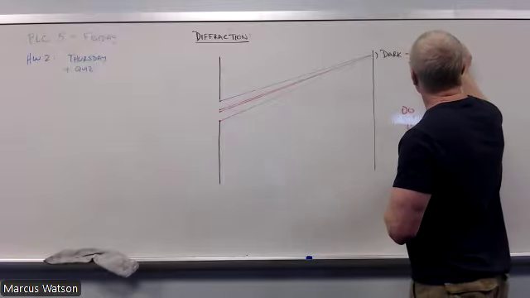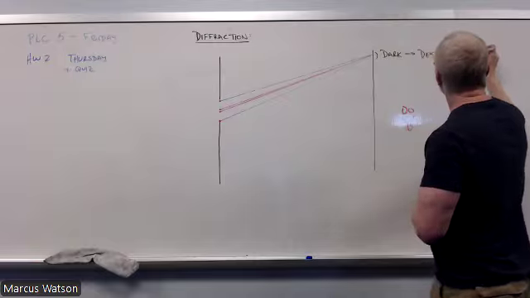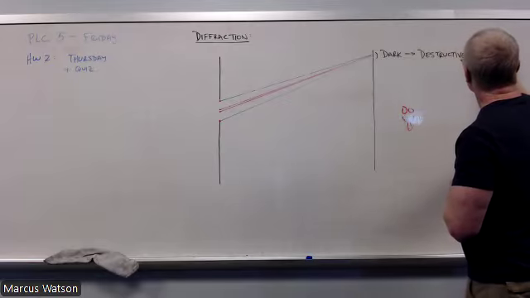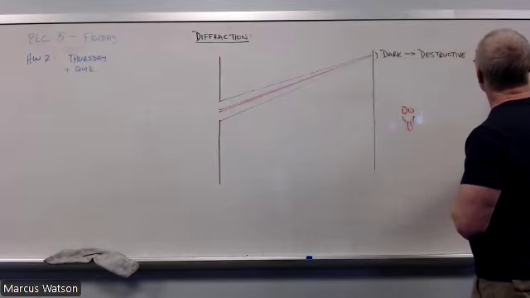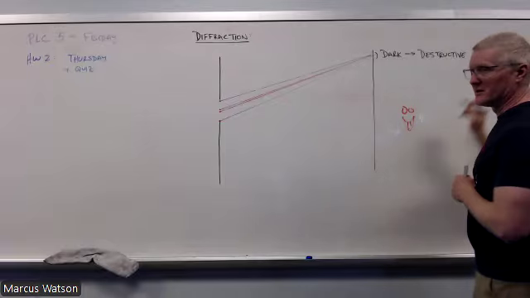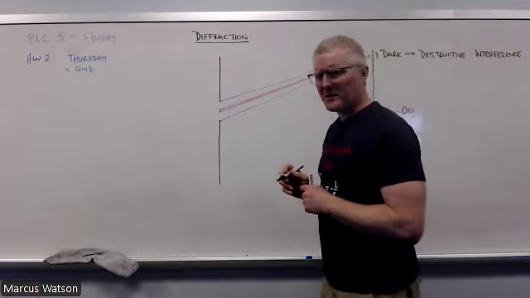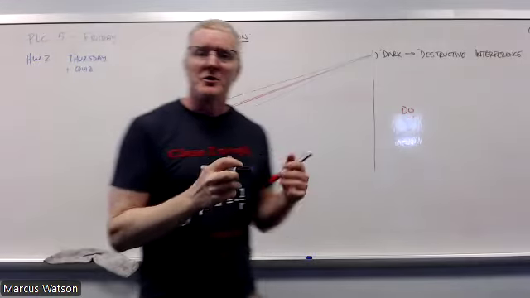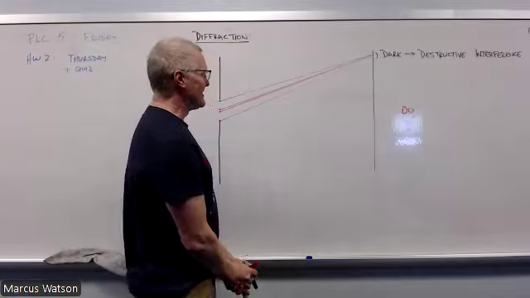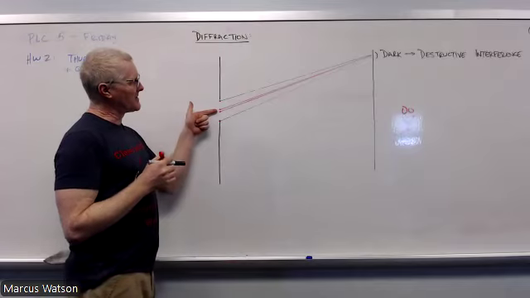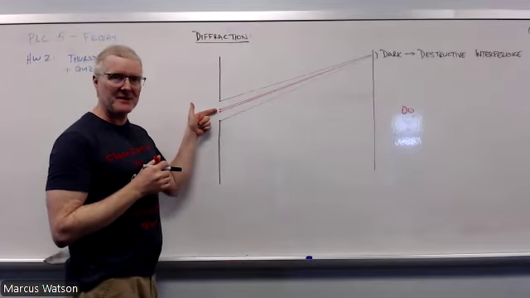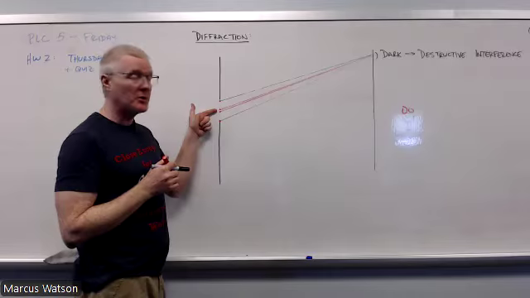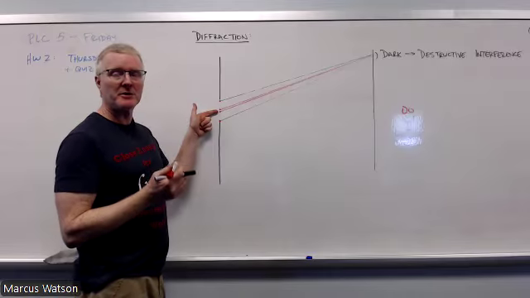We are going to consider destructive interference. All right. So how are we going to explain that when I'm considering the paths of these two to be so similar that they might as well be constructively interfering?